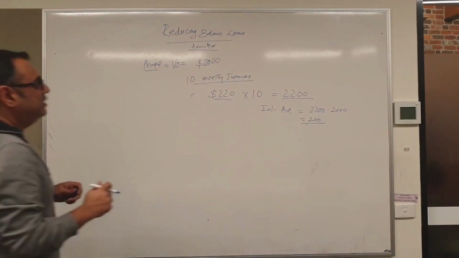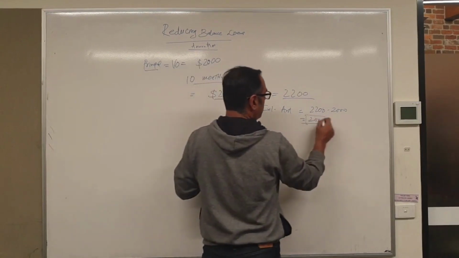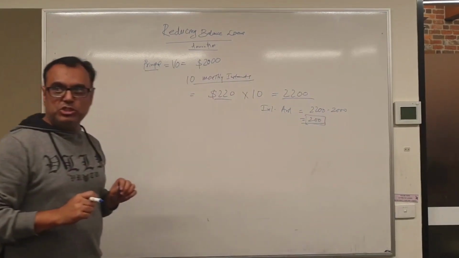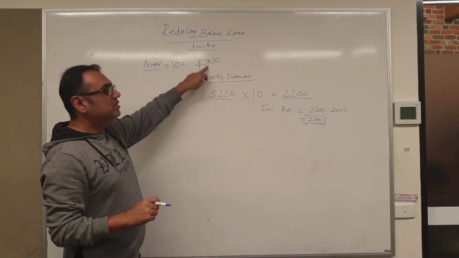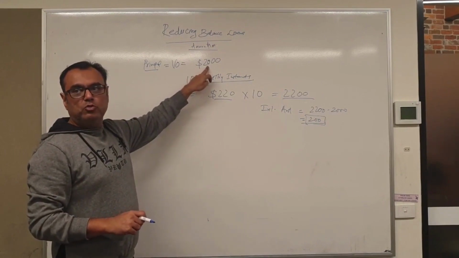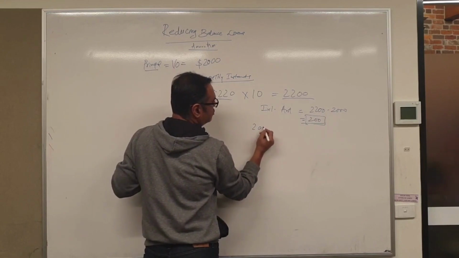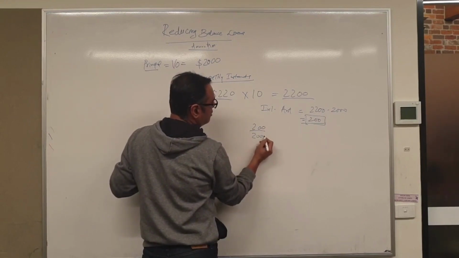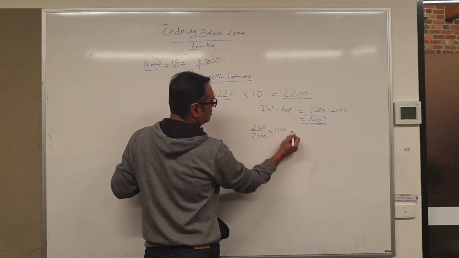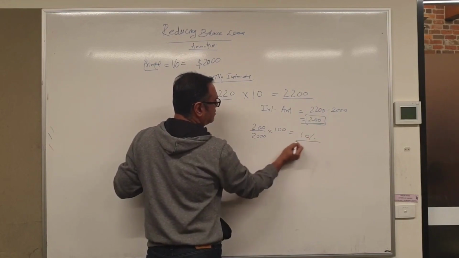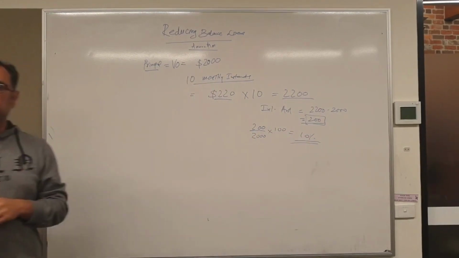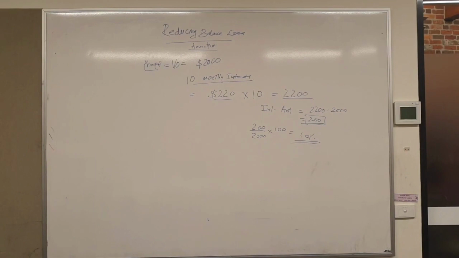So eventually you paid $200 as interest for something that you bought for $2,000. So what is the rate of interest? So shall I say 200 over 2,000 times 100 is what? 10%. Right?